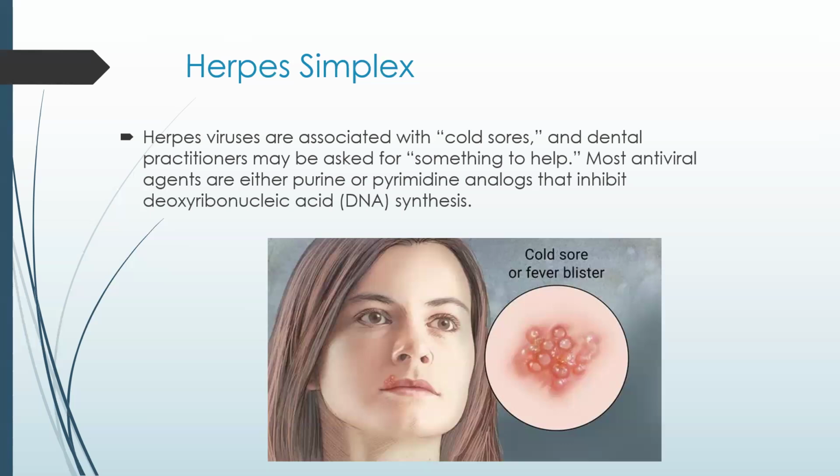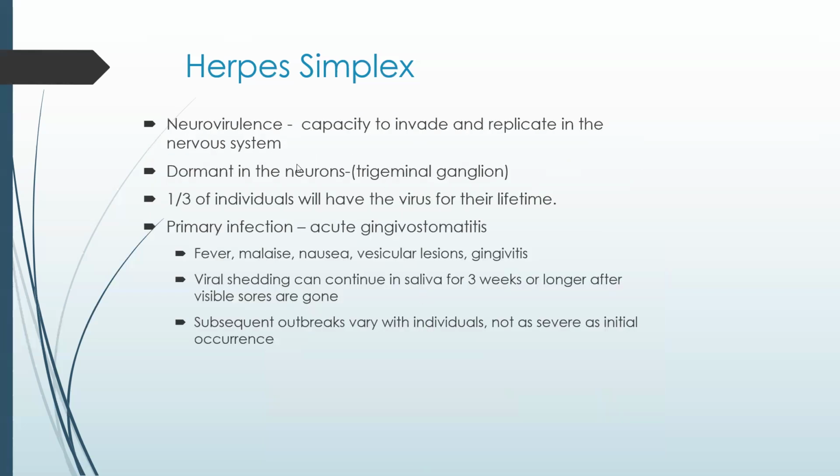Most antiviral agents are either purine or pyrimidine analogs that inhibit DNA synthesis, and that helps to shorten the lifespan. So for herpes, it has a virulence capacity to invade and replicate in the nervous system. It tends to lie dormant in the trigeminal ganglia, and a third of individuals will have the virus for a lifetime.